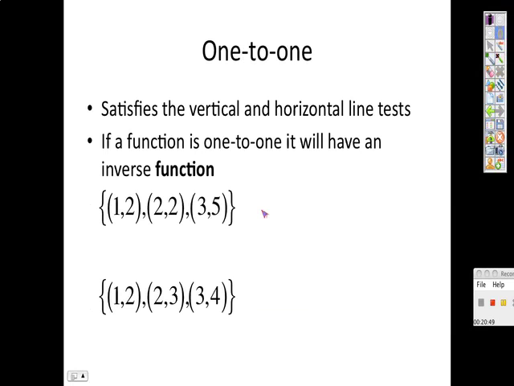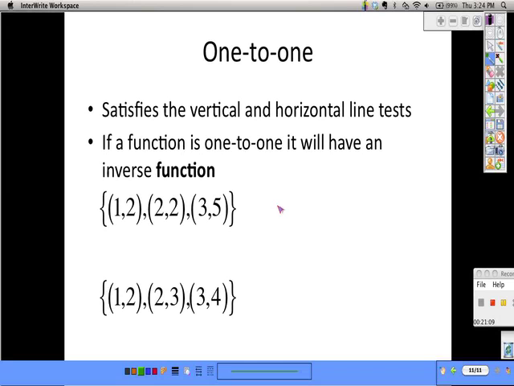A little bit more terminology. A function is one-to-one if it satisfies the vertical line test and the horizontal line test. What that means is that every x is paired up with exactly one y, and every y is paired up with exactly one x.